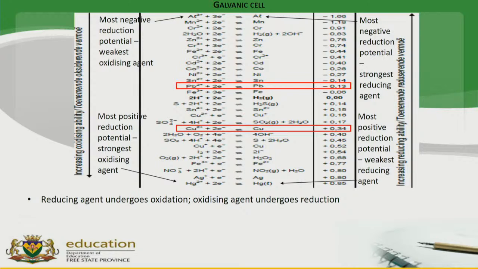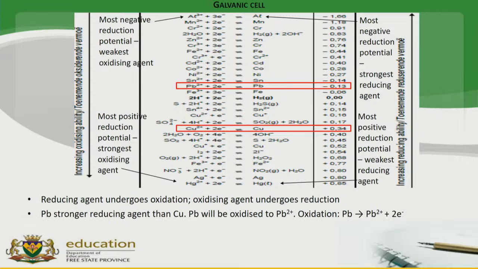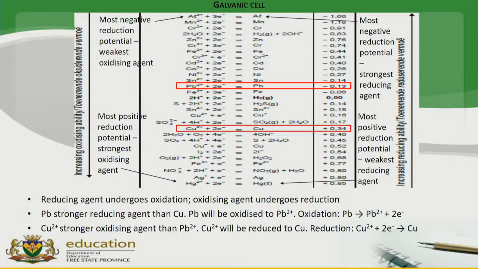On the other side, copper 2 ion is a stronger oxidizing agent than lead 2 ion. Therefore, copper 2 ion will undergo reduction. So it will be lead that is oxidized and copper ions that are reduced.